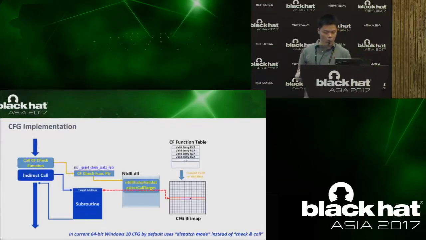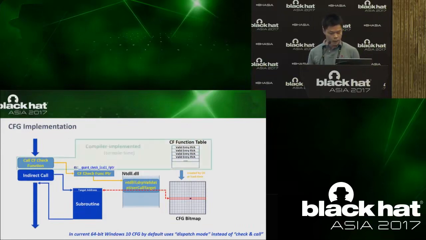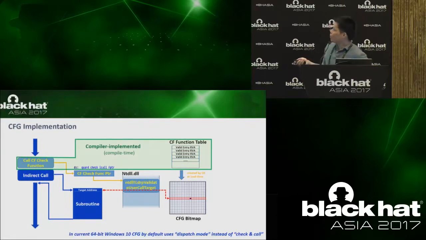This picture more or less reiterates what I just said with a little more detail. For example, the compiler inserts the guard check ICALL function pointer before each indirect call or indirect jump. The compiler also needs to generate the safe function table to list all the valid entry addresses.